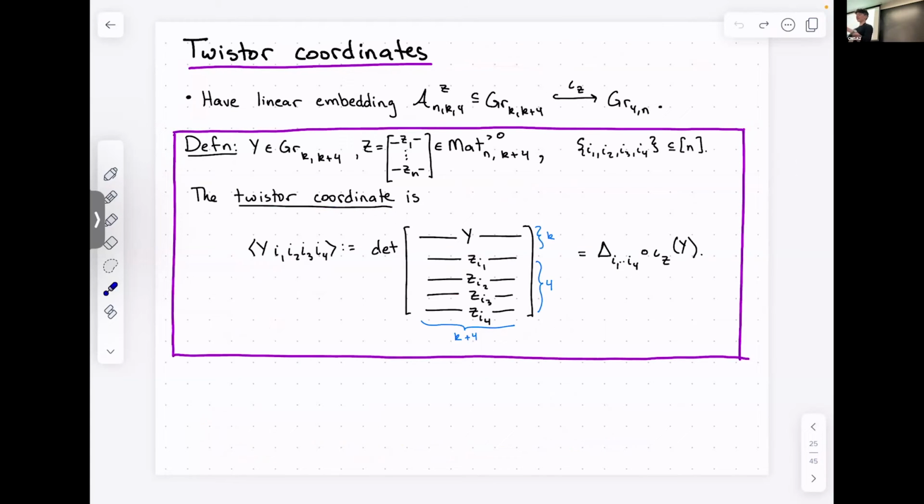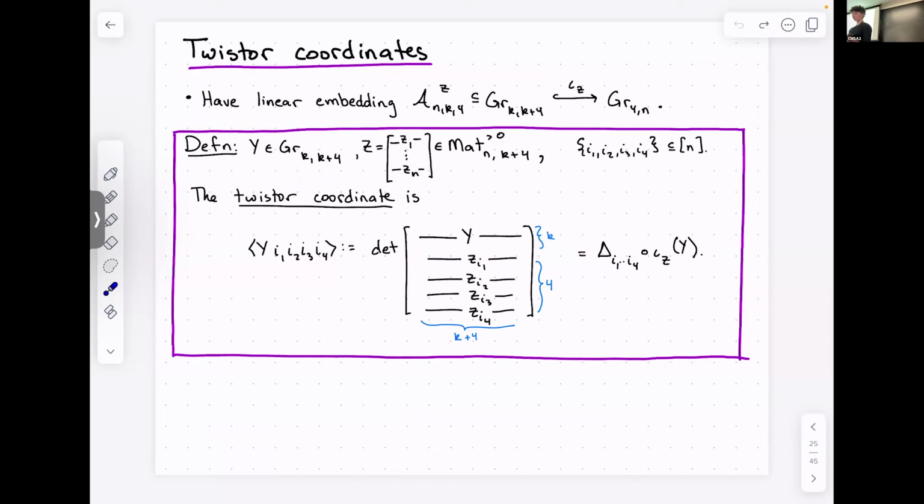But let me give a little bit more detail about what happens under this embedding. Basically, twistor coordinates come up. Ron defined these, but I'll define them again. So what's a twistor coordinate? It's a function on Gr(k,k+4). Pick some point y in there. Also pick a Z matrix, just like for the amplituhedron, and fix four indices, i1 through i4.